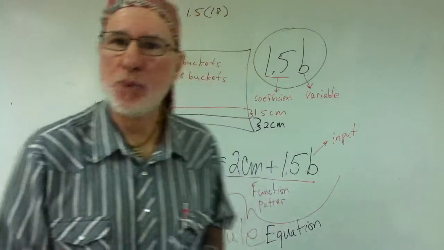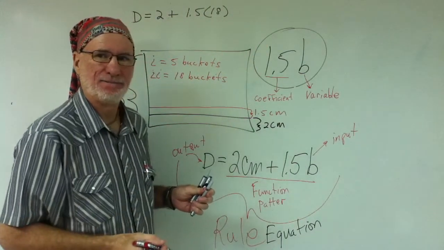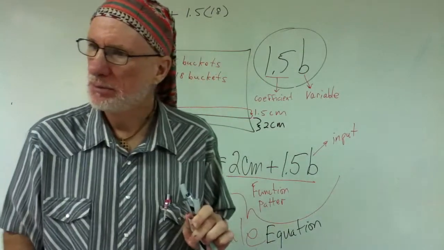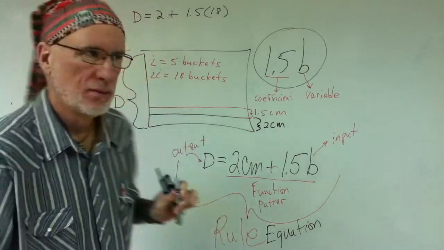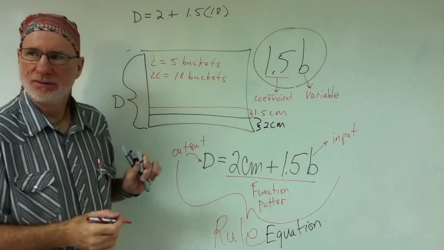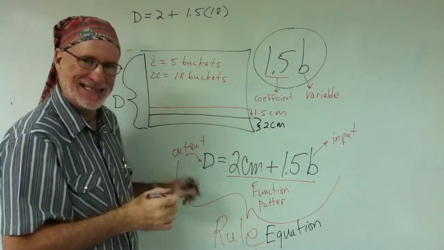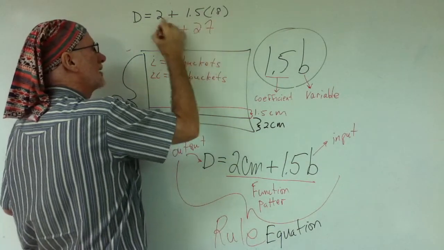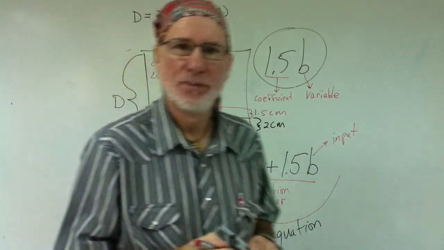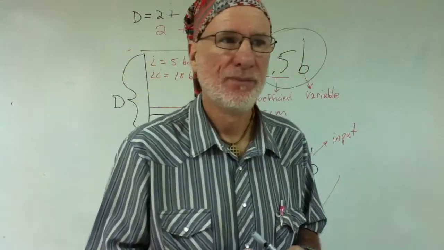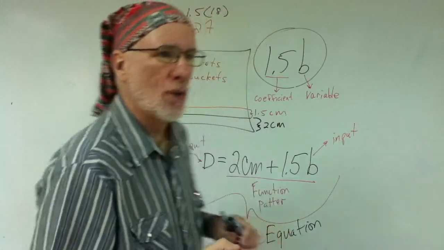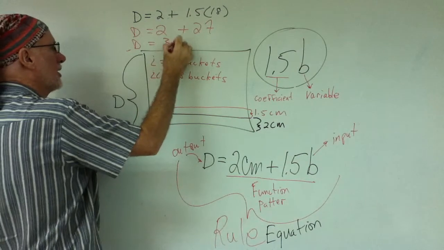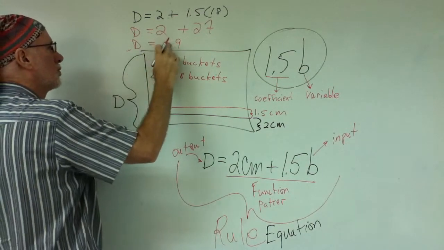What's 1.5 times 18? 27. Plus 2 is 29. Excellent. D equals 29.